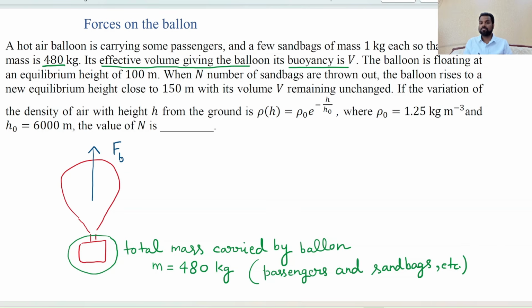Buoyancy force will be the density rho of the air, not in the balloon, the surrounding air. Remember that.